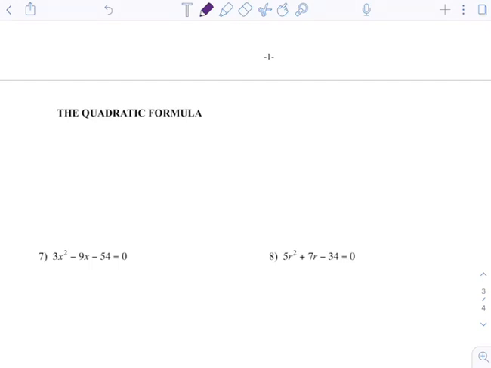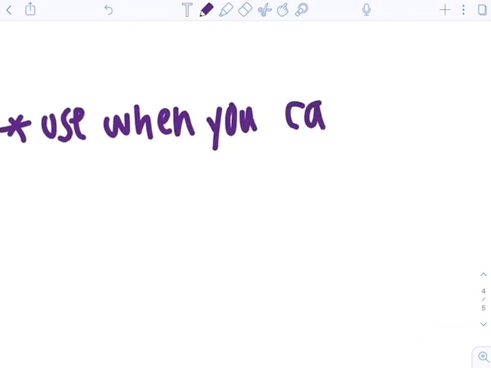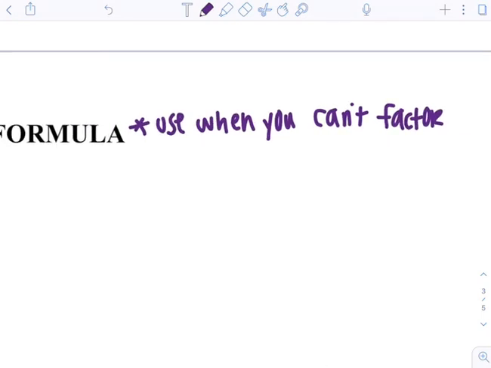Sometimes you have a polynomial and the numbers don't work out and you cannot factor it, and you have to use the quadratic formula. So you can use it when you can't factor, okay? And you'll end up using this a lot junior year.